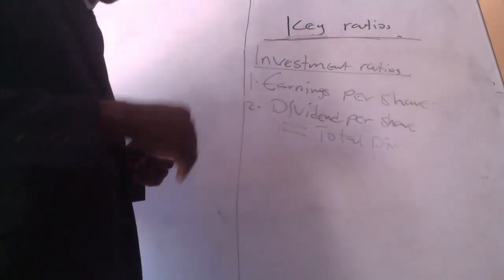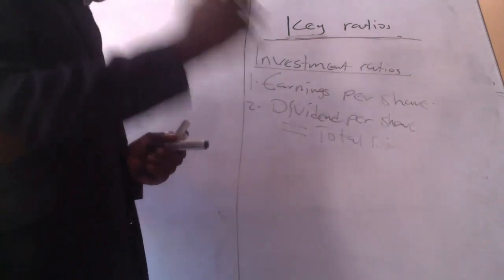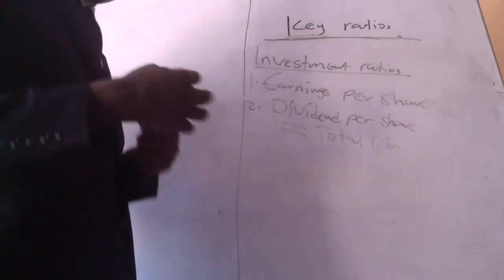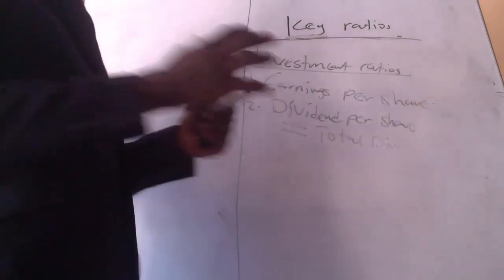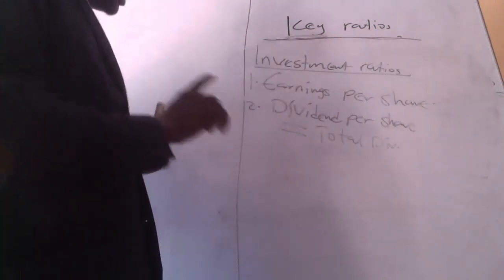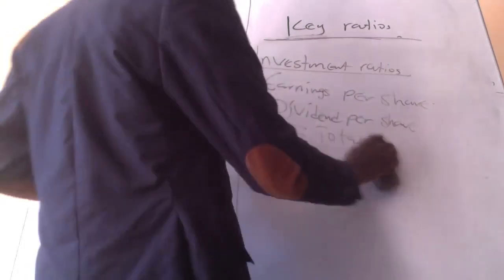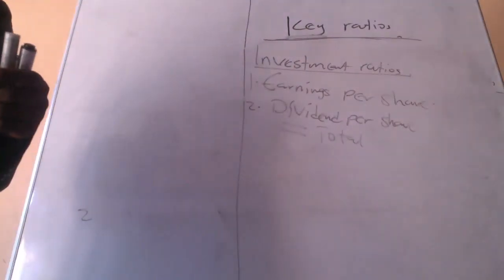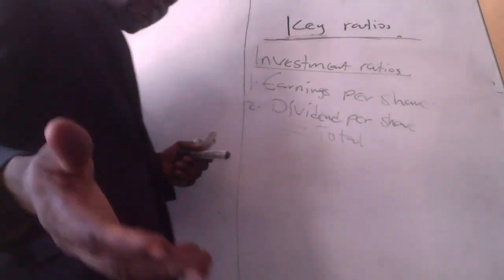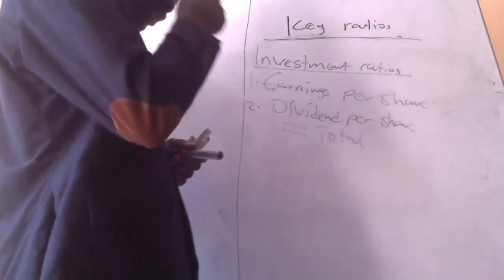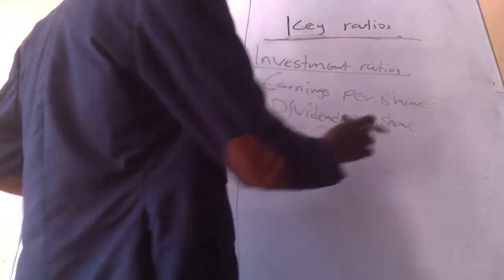Sometimes the dividend is declared in bits, interim and final. What we want is the total dividend declared for that particular year. Please, we want the ordinary dividend. So let me even be specific. Because when I say total, probably someone will add ordinary and preference shares. No. Here we are talking about the ordinary.